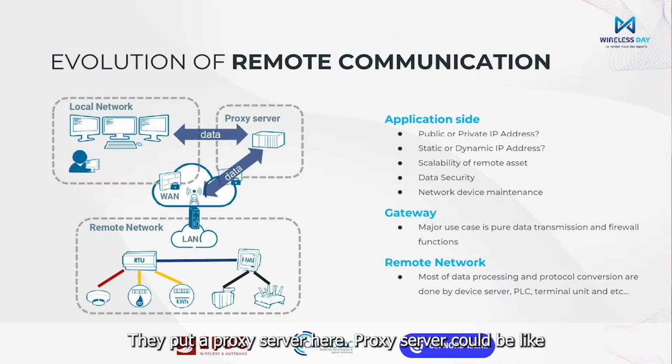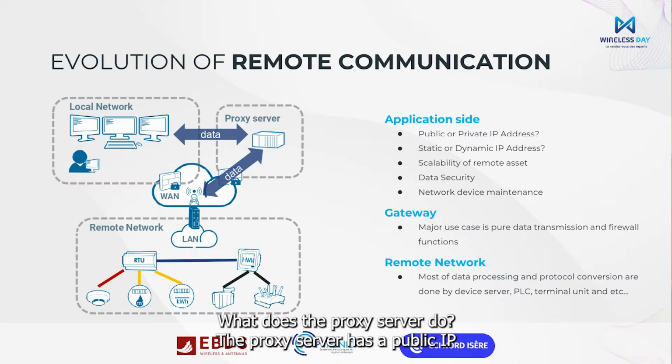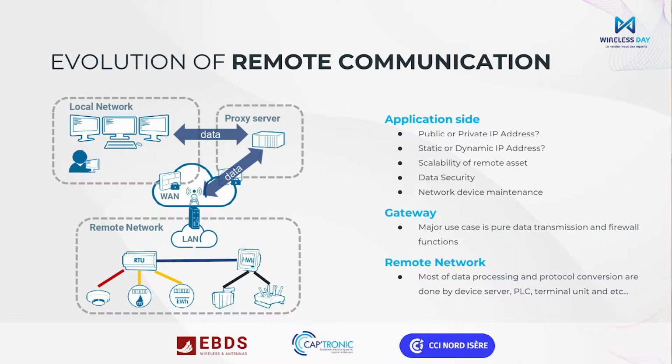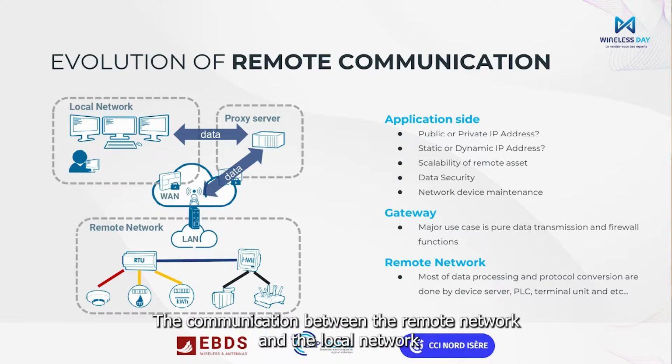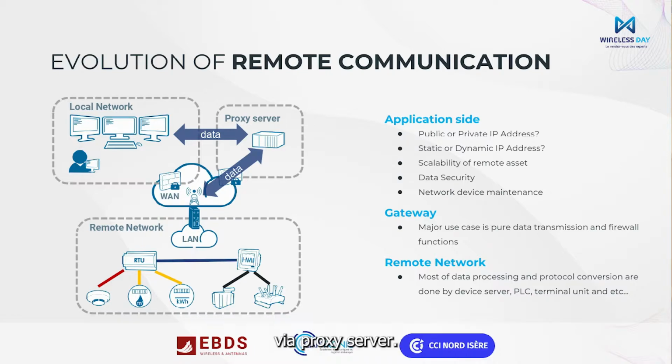It could be a physical server, or you can just put it as software in a different location. The proxy server has a public IP, and it acts as an interim between remote networks. You may have 100 of them, 1, 2, 3, 4, 5, and everything is connected to the proxy server, which has a public IP. So the communication will go between the remote network and the local network via the proxy server.